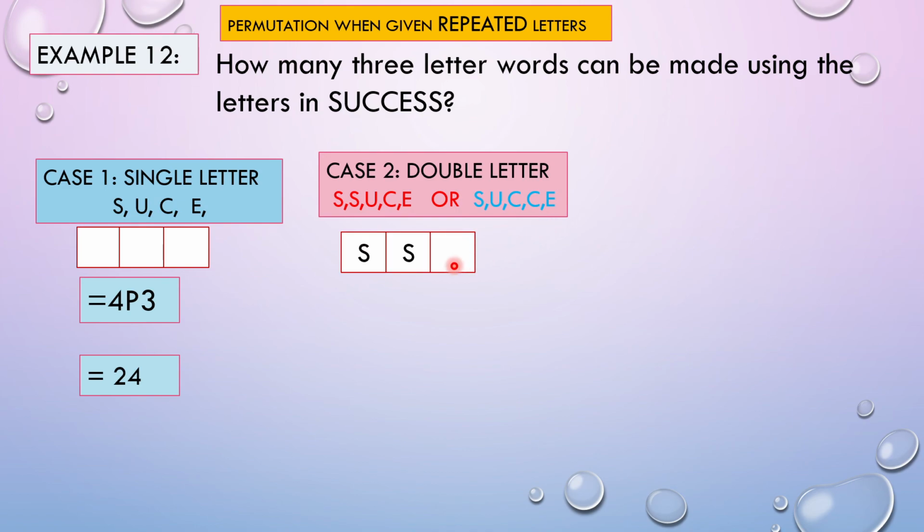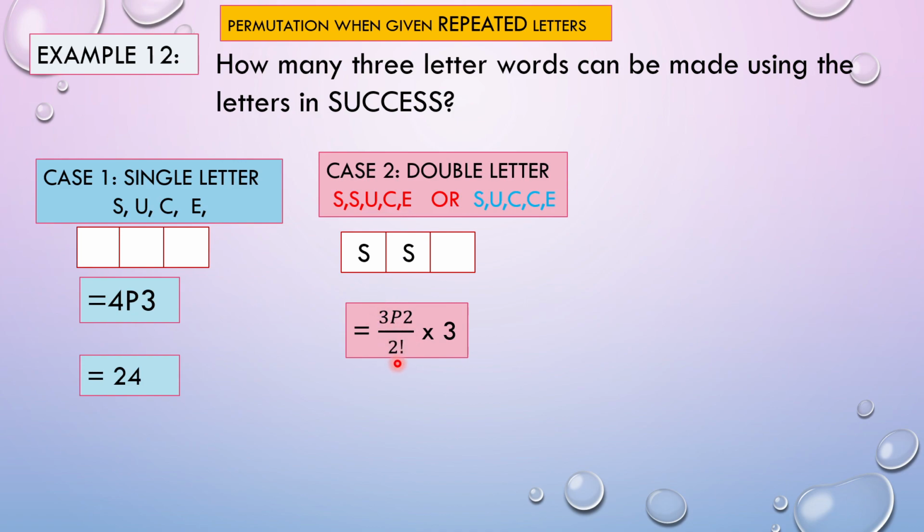Now let's see the first set. We have 2 letter S. Let's see where to put this letter S. The arrangement of letter S itself is 3P2. Why 3? Because we have 3 spaces or 3 boxes and we are going to fill with 2 S. So 3P2, then divide by 2 factorial.